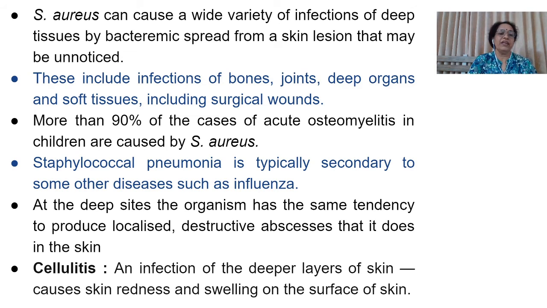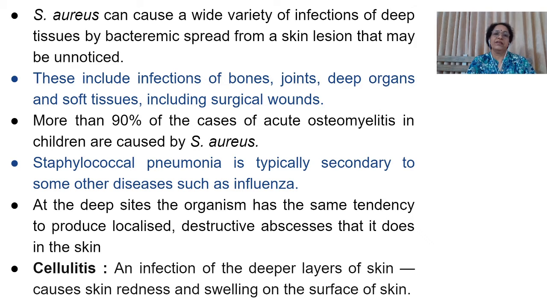More than 90% of the cases of acute osteomyelitis, that is bone infection, in children are caused by Staphylococcus aureus. Staphylococcal pneumonia is also very common. It is typically secondary to some other diseases like influenza.